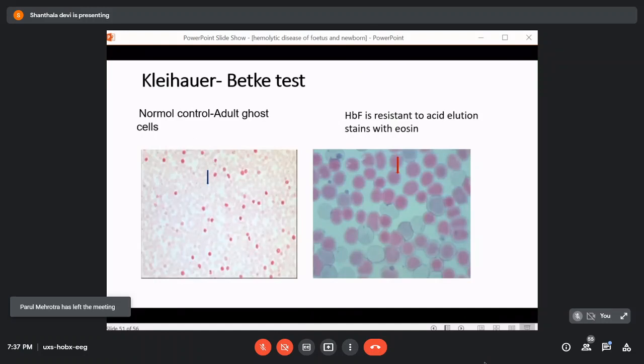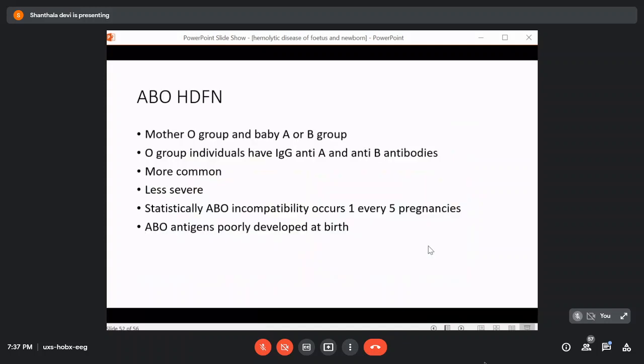So this is how a Kleihauer Betke test looks. This is the normal adult sample showing mainly the ghost cells. These are the WBCs which are taken up. The pink cells are the HbF, which is resistant to the acid elution and is stained with the eosin.